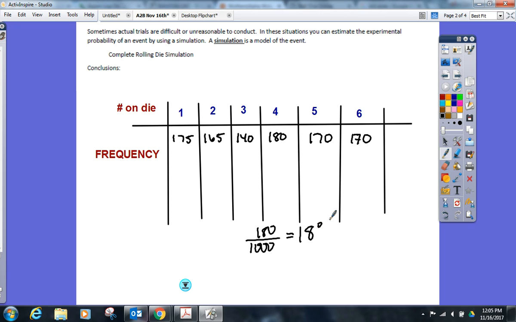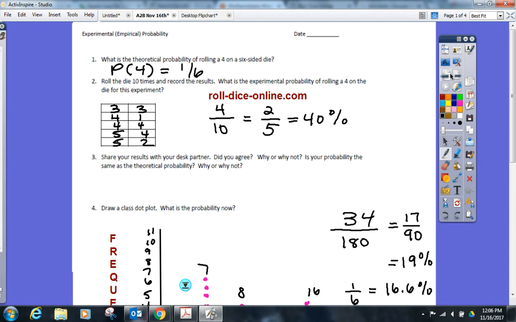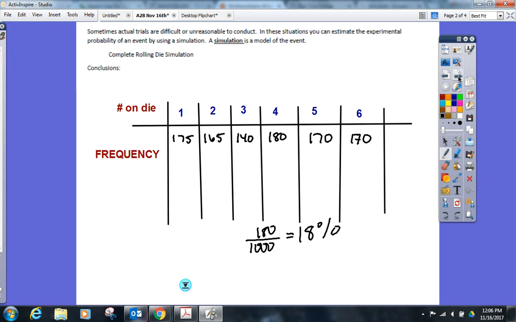This worked a lot better third period, the numbers, but okay. Closer and closer we get. It was 19% when we just did our 180 trials. Now we just went to 1,000, got a little closer to that theoretical probability. Okay?